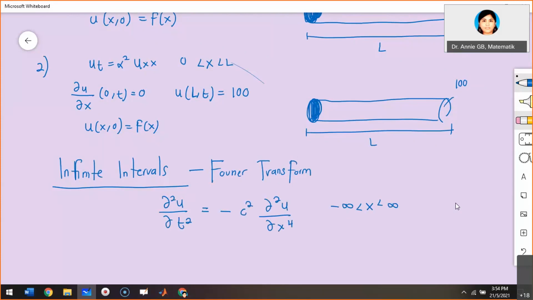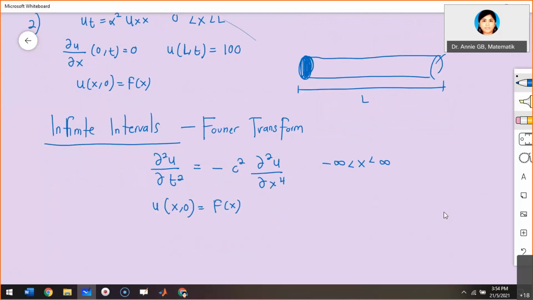The initial condition is given as u(x,0) equals to f(x). And then kita ada another initial condition, u_t(x,0) equals to g(x). Okay.